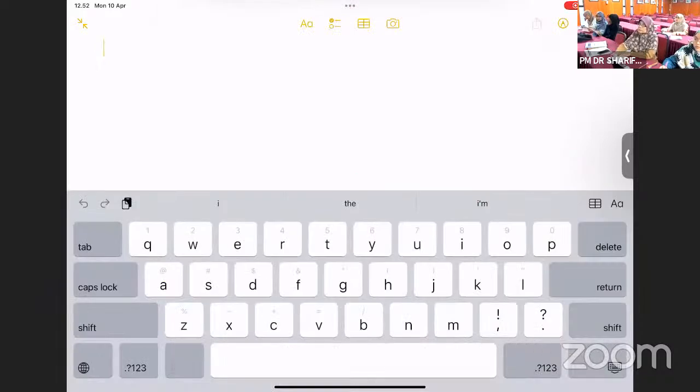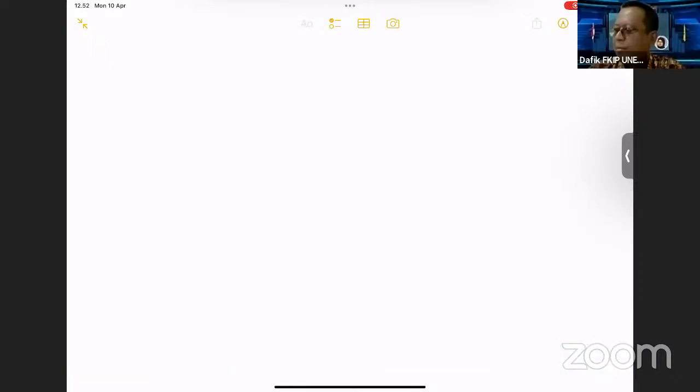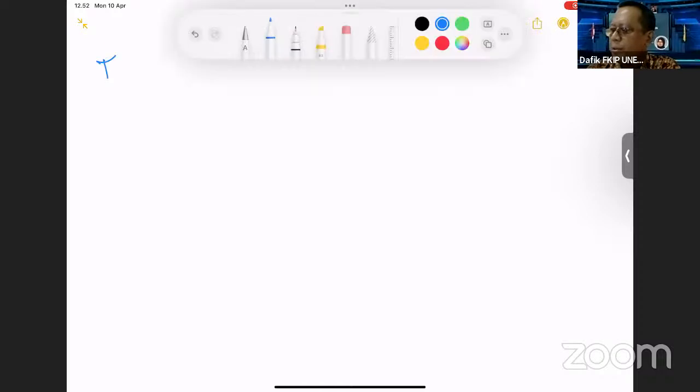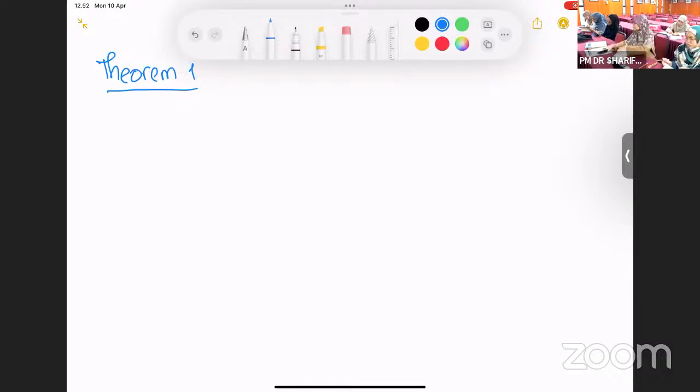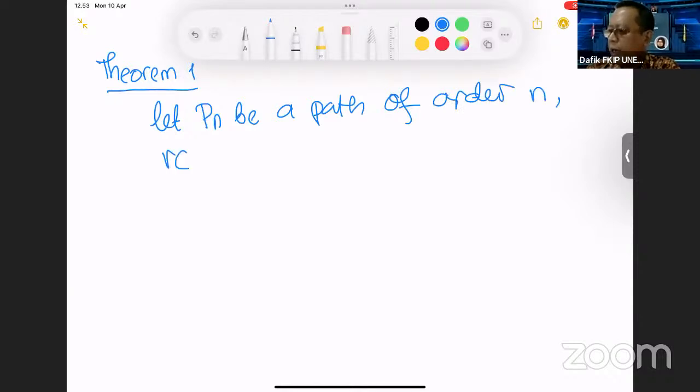So the theorem, for example, Theorem 1: let P_n be a path of order n, then the rainbow antimagic connection number of the path is n minus 1.